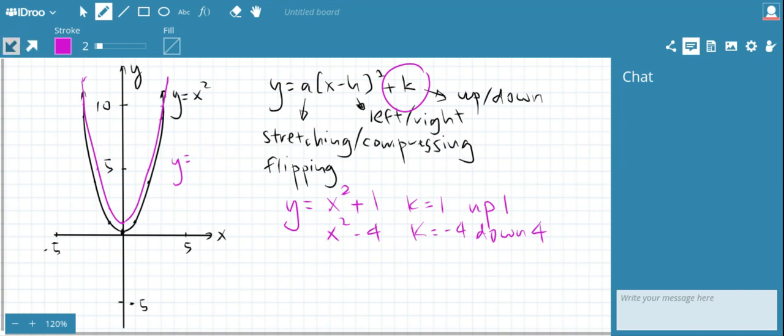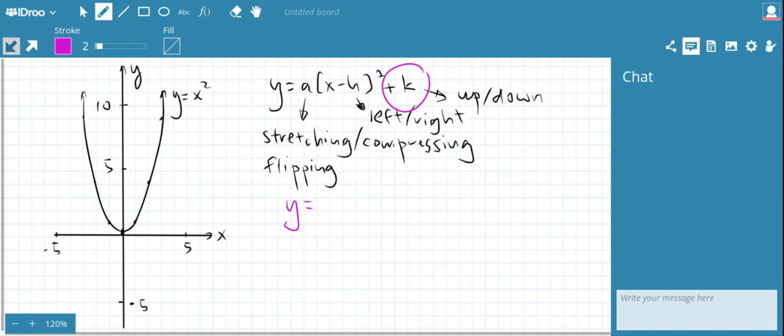Now, a is probably the one that most people struggle with the most. So let's go and talk about that one. Just erase all this stuff because I cannot redraw.